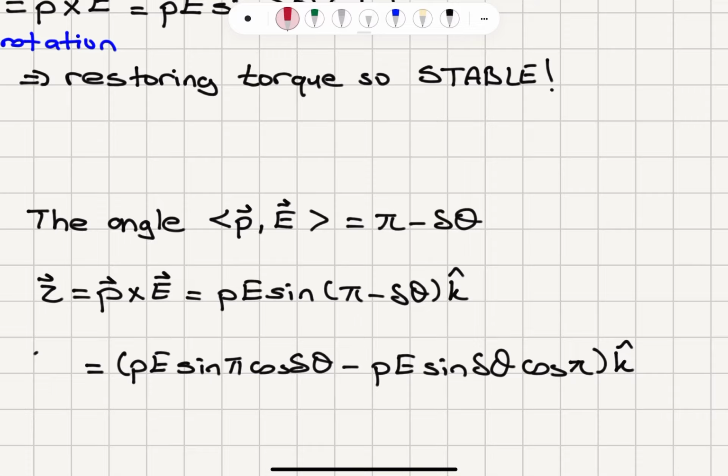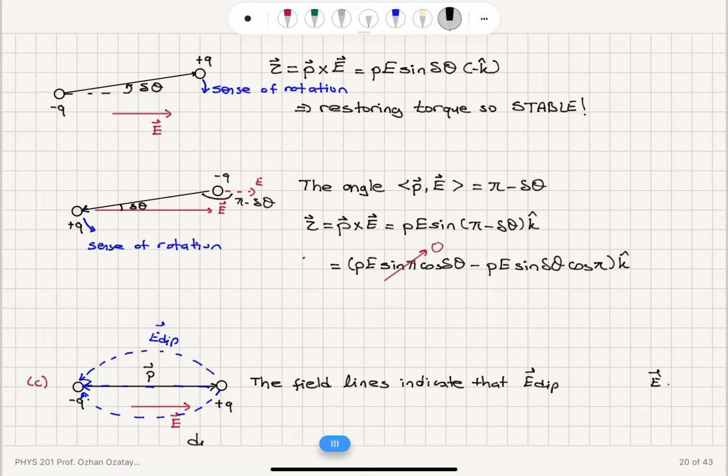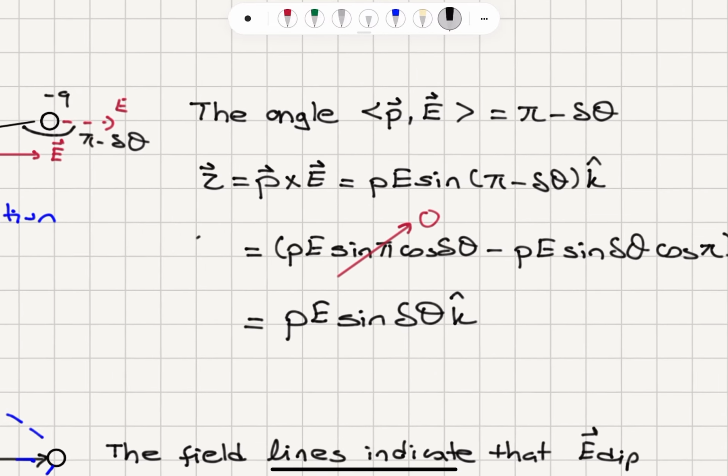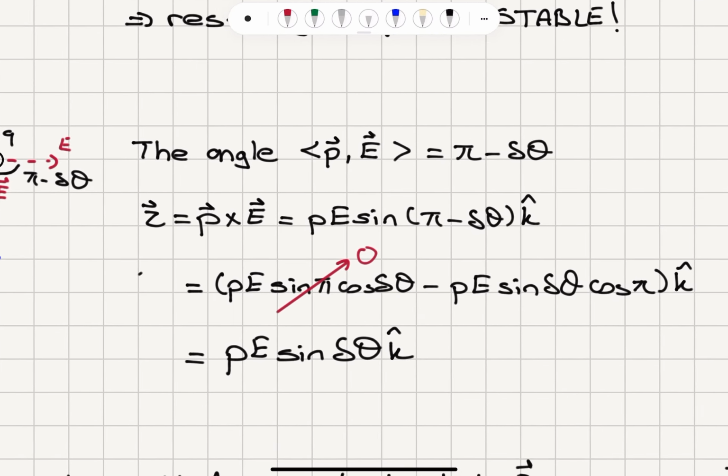Sine of pi is equal to 0, so this is going to disappear. Cosine pi is minus 1, so this will give me P E sine delta theta in the k hat direction. So what does this tell me? The sense of rotation is counterclockwise. It tries to open up the angle even more.